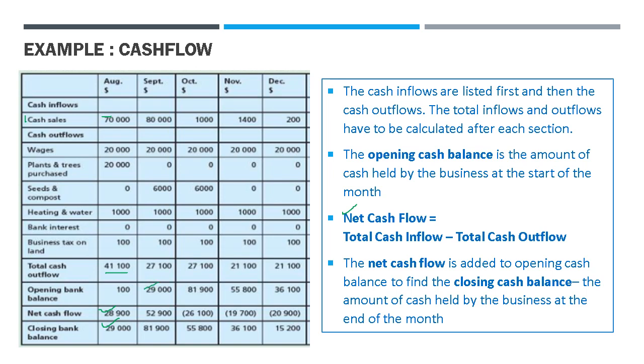It's the same, okay? And September's closing bank balance will be October's opening bank balance. So this is how the cash flow statements can be done.